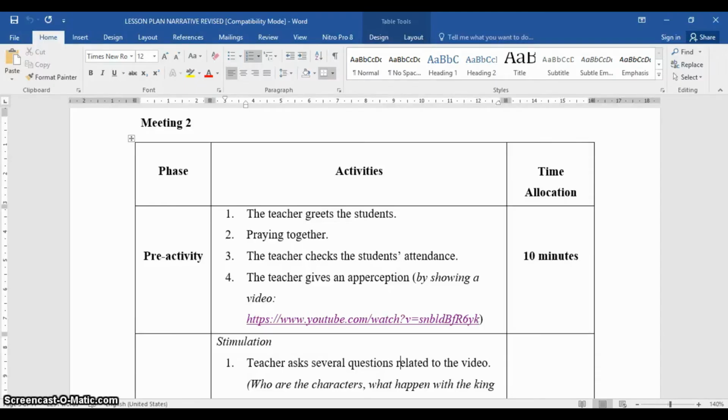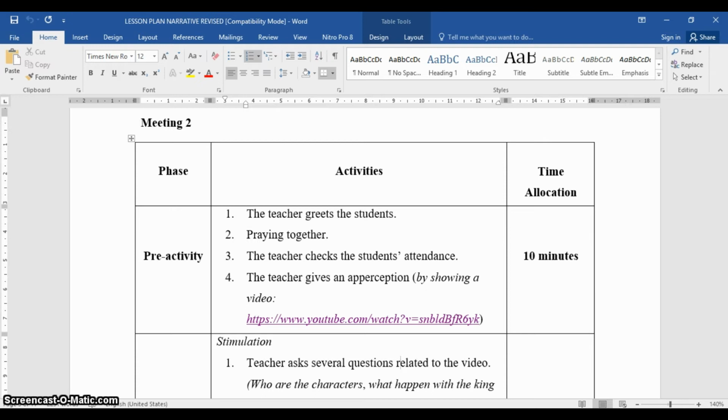And then for the main activity that is in the stimulation, the teacher asks several questions related to the video, such as who are the characters, what happened with the king and his daughters, what is the problem that arises in the story, and how the problem is solved.